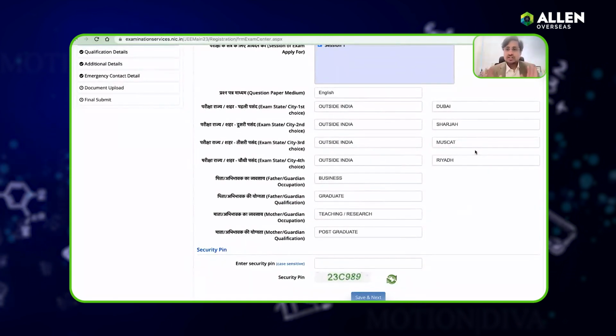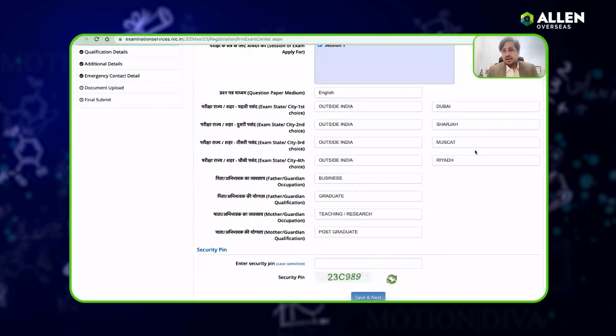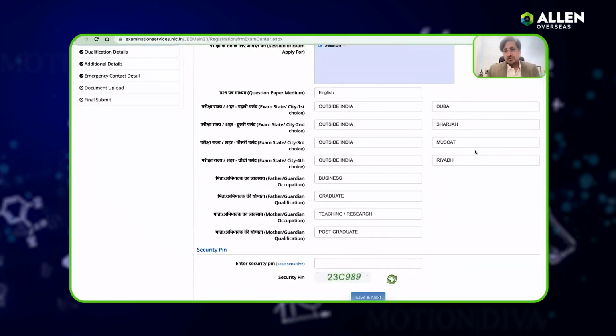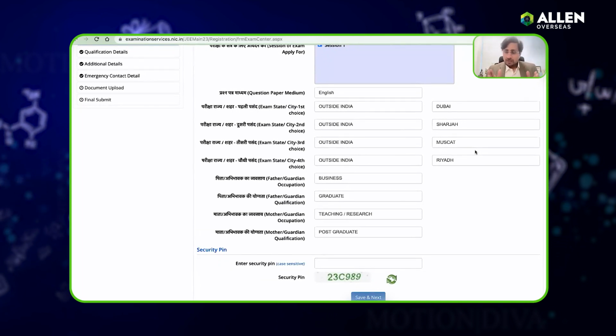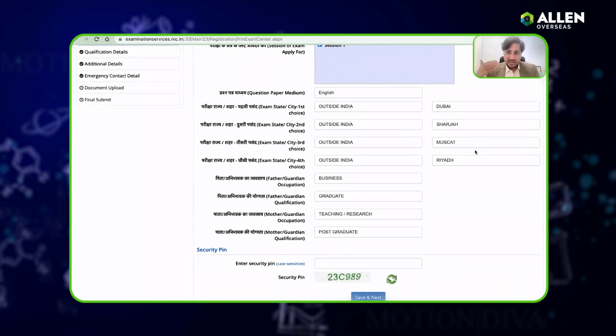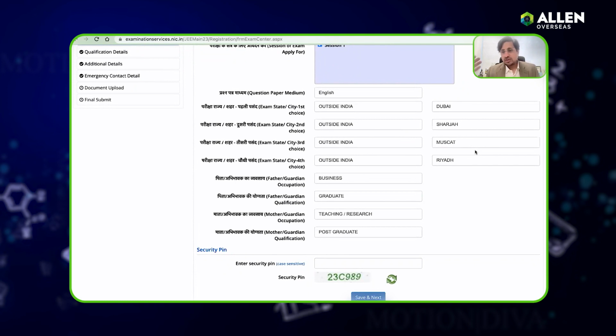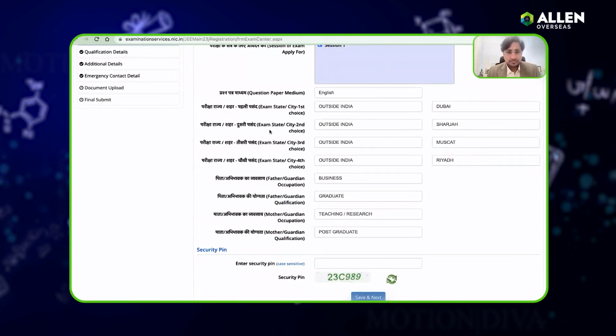Usually the overseas students get their first choice as their preferred choice. They ask for the 4 options just as a backup. So UAE students can take the first 2 options in the UAE, and for the rest, the nearest is Muscat, and after that Riyadh or Kuwait, anywhere you can take.